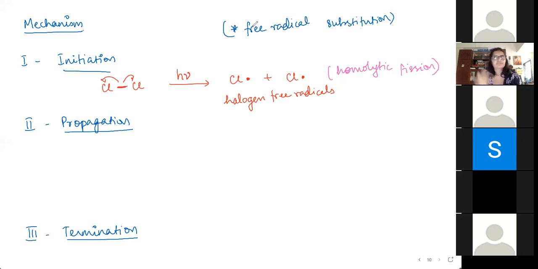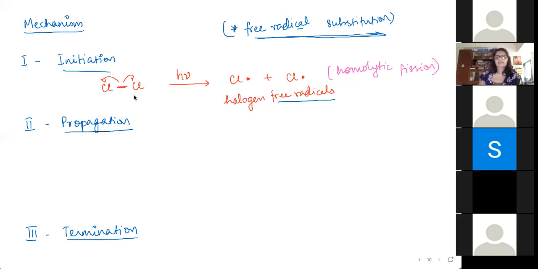You have electrophilic substitution, nucleophilic substitution. So this particular type of substitution, if you're looking at halogenation of alkanes, follows free radical substitution. The reason why we call it this is you get free radicals. That's what pushes the reaction forward.